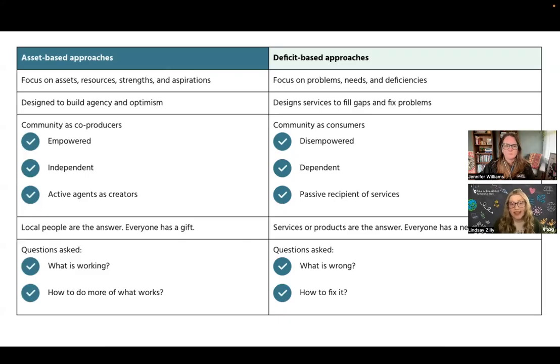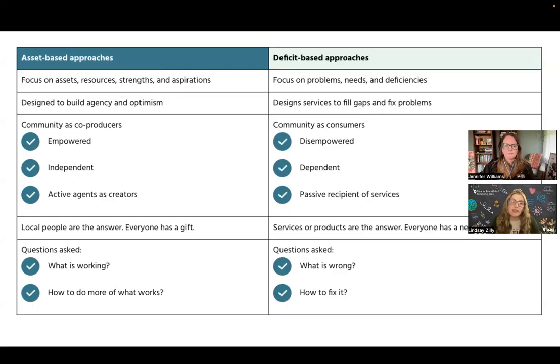So we focus on the assets, resources, strengths, and aspirations. We're looking at what's working in the community and how we can leverage it and apply it elsewhere. It's designed to build agency and optimism. And one of our big mantras that we always say is building with hope and optimism is just the way to tackle these climate issues.